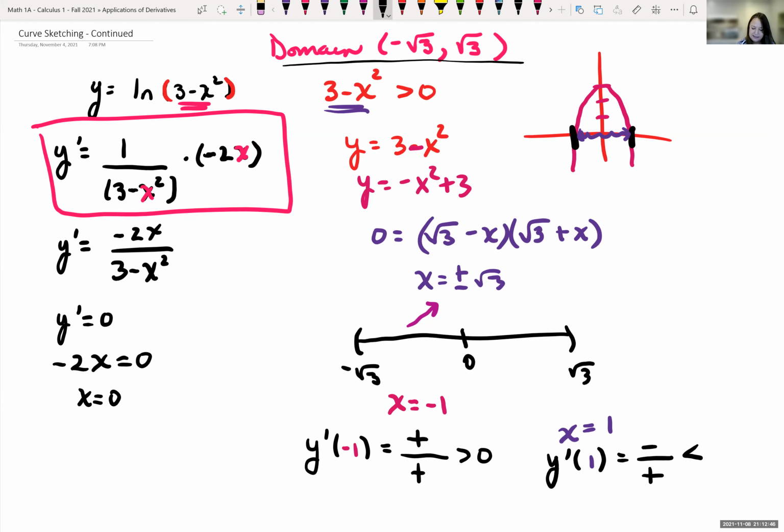So this is less than 0. So we know that our function is decreasing between 0 and √3. So if we're increasing to decreasing, 0 is defined in our original function. So that tells me that at x equals 0, a max is going to occur.